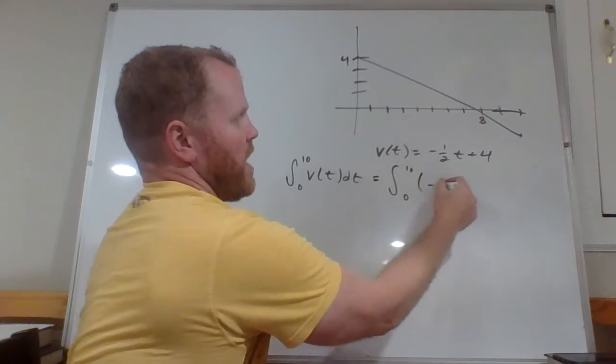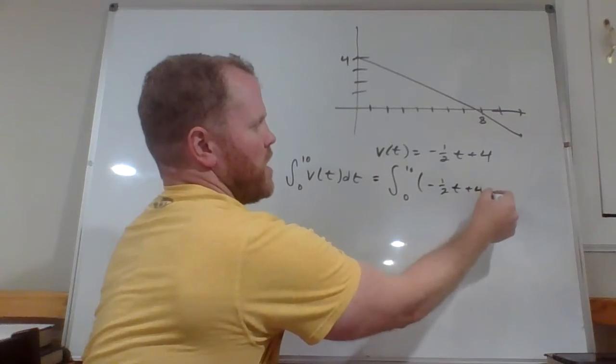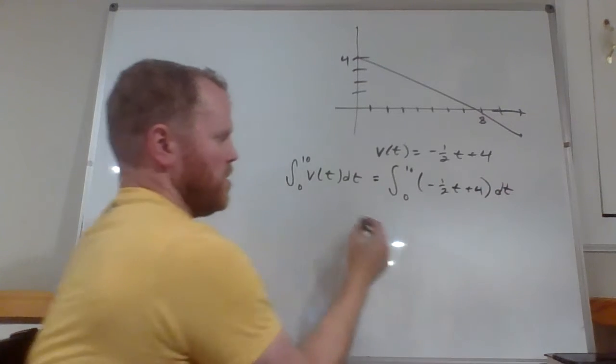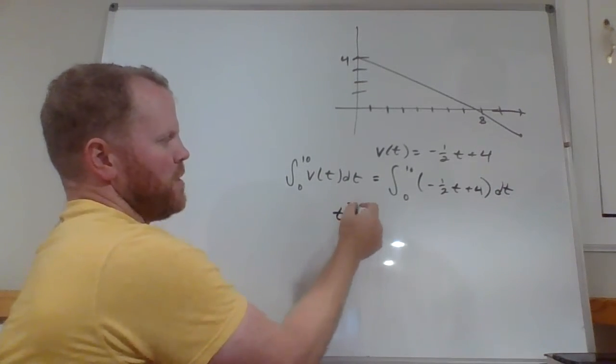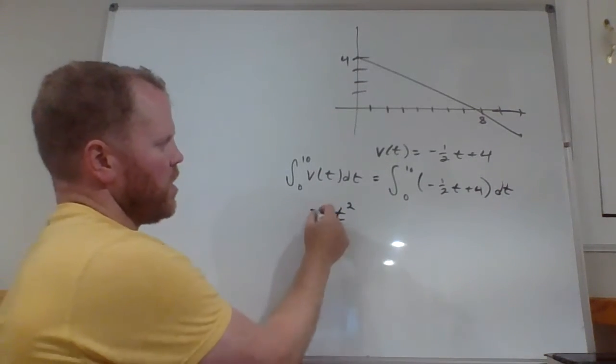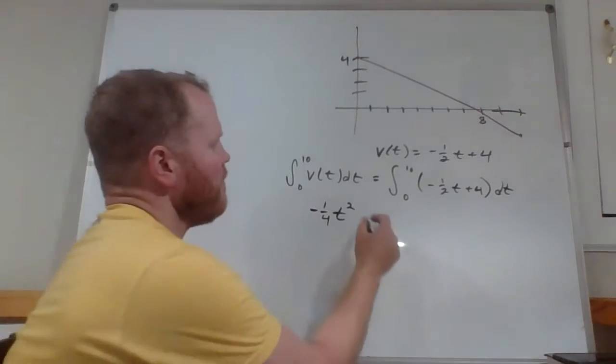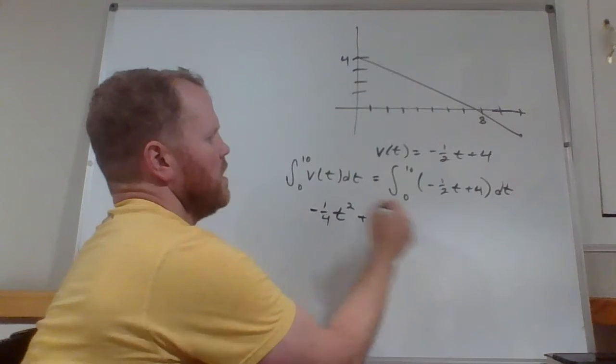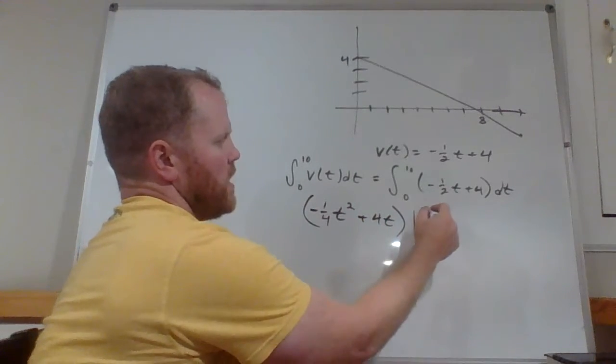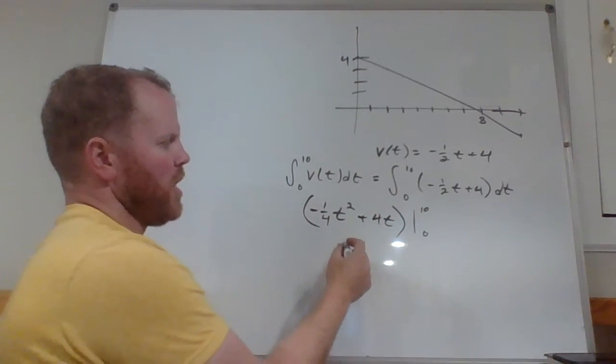It might help you to rewrite it as -1/2 t plus 4 in here, and then we'll just do it. You're going to bump that t up to t squared, but you're going to need a quarter in front instead of a half, because the 2 comes down, double the quarter, you get a half, plus 4t. We're going to plug in 10, and we're going to plug in 0, and we're going to subtract them.